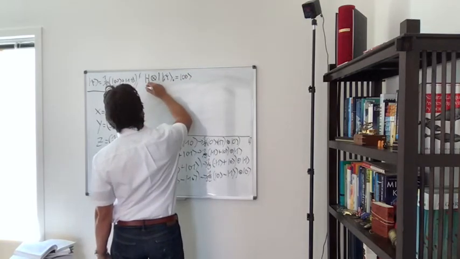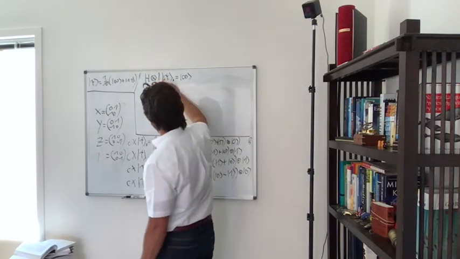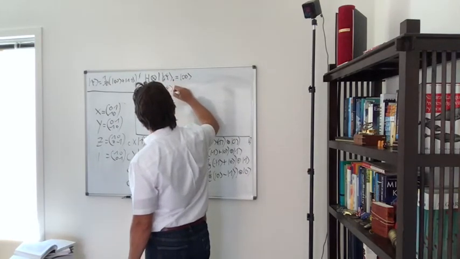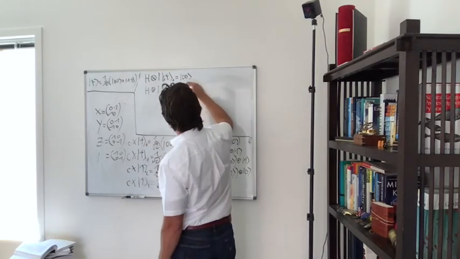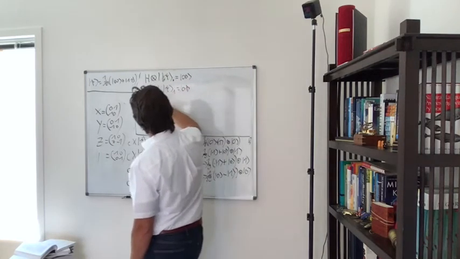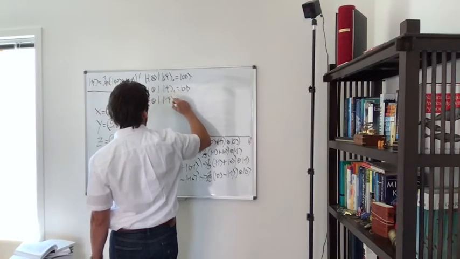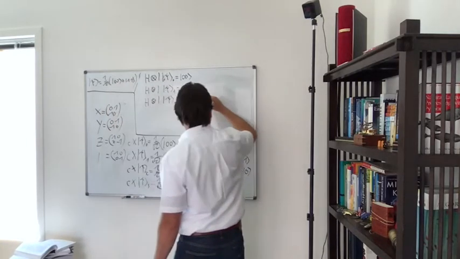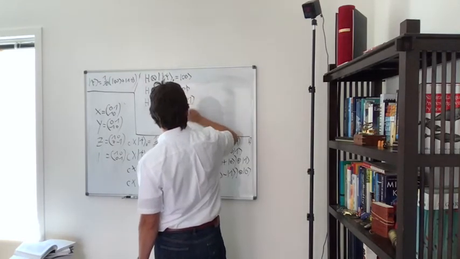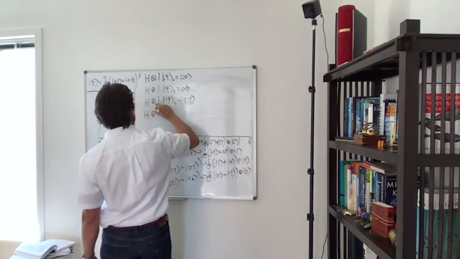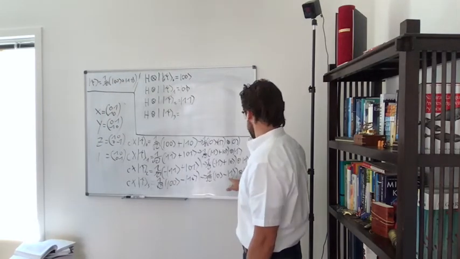The Hadamard transformation applied to psi 1, with identity on the second qubit, gives us 0, 1. The Hadamard transformation applied to psi 2 gives us 1, 1. And applied to state psi 3 gives us 1, 0.